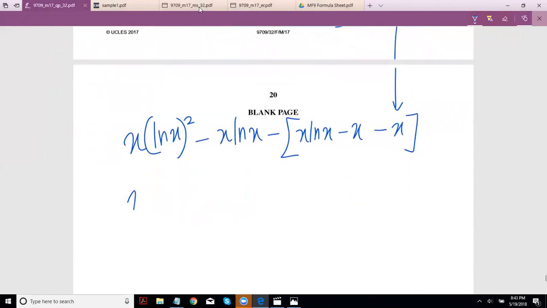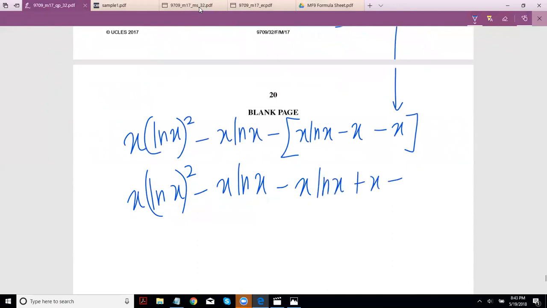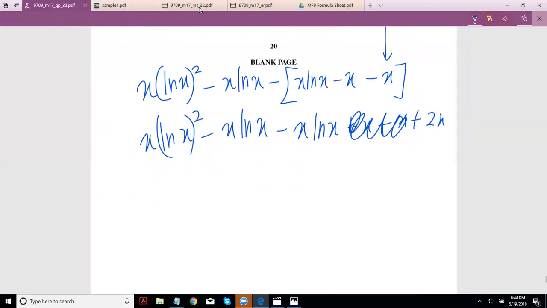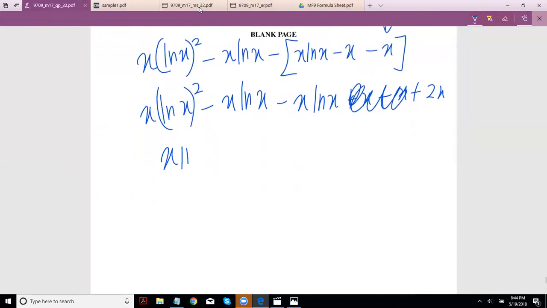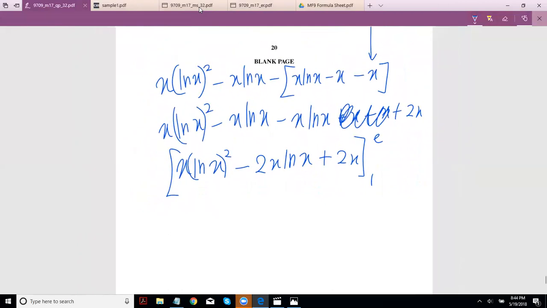Then you try to simplify life. You can simply write this as plus 2x. Okay. So now you have x (ln x) squared minus 2x ln x plus 2x, and this is taken from 1 to e, I believe.